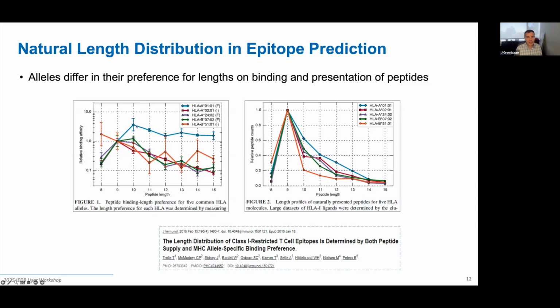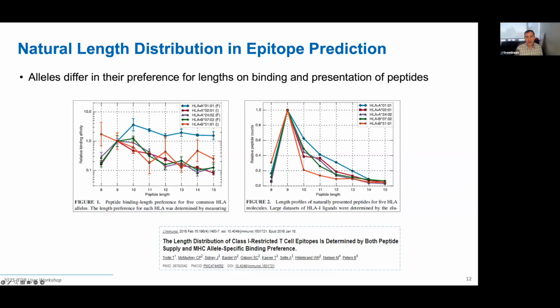So for instance, the HLA-A0101 profile is able to bind longer peptides in general, whereas the HLA-B5101 peptide kind of peaks at a length of 8.